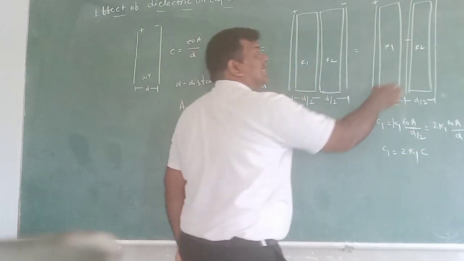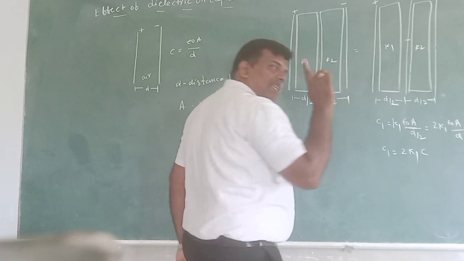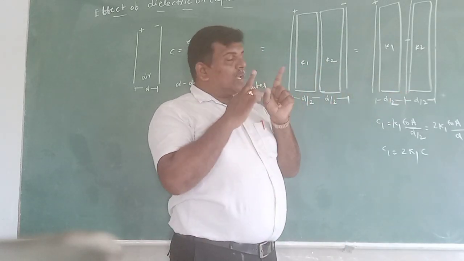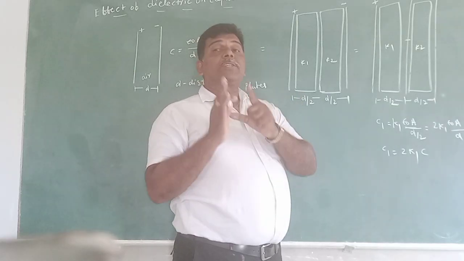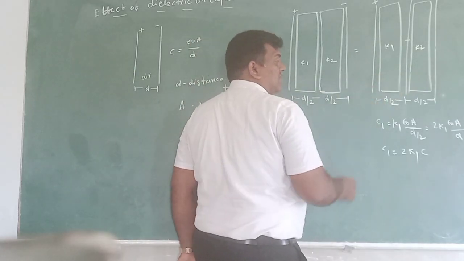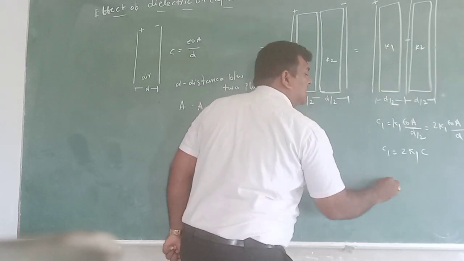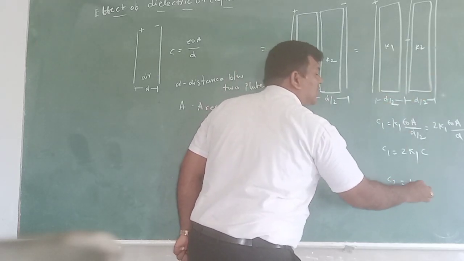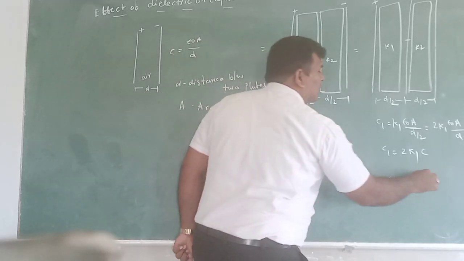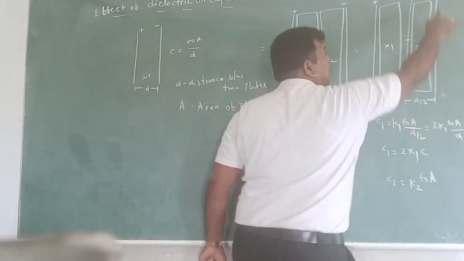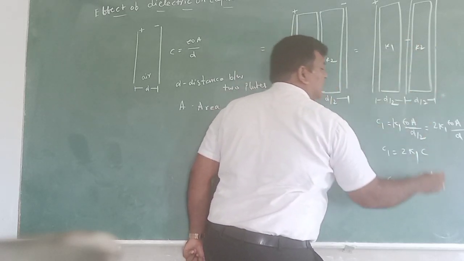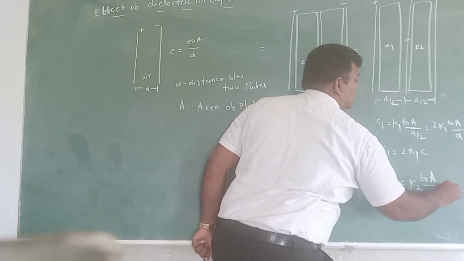Again, the second capacity. Only a single capacitor, but after introduction of the two dielectrics, that one capacitor acts as two capacitors, which come into series combination. So the second capacitor C2 is equal to K2 into epsilon naught A, the area does not change, by d by 2.